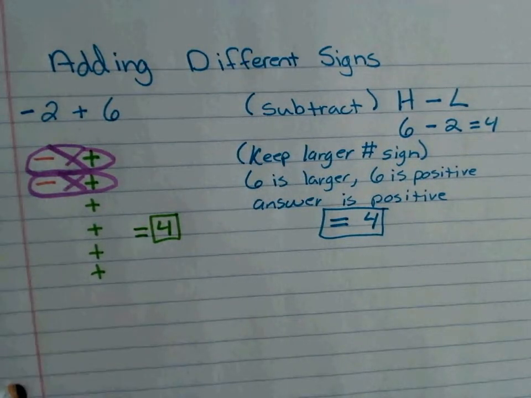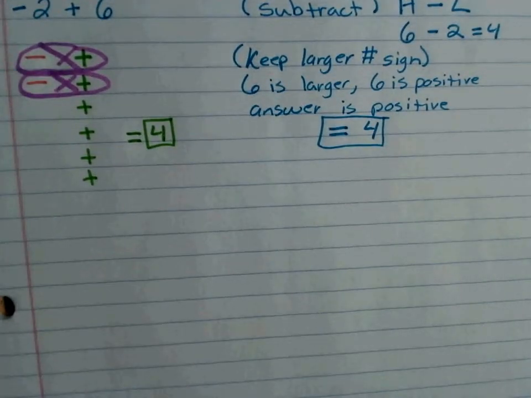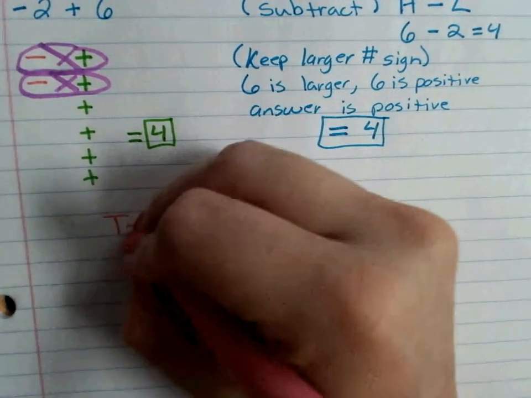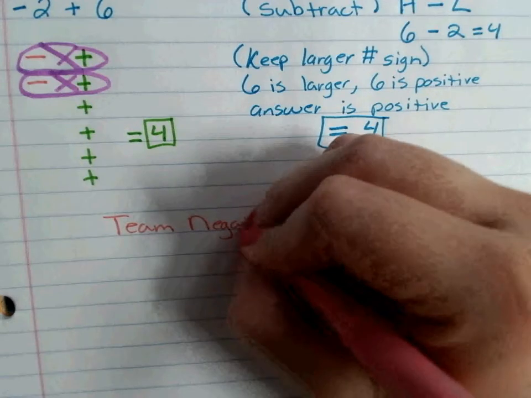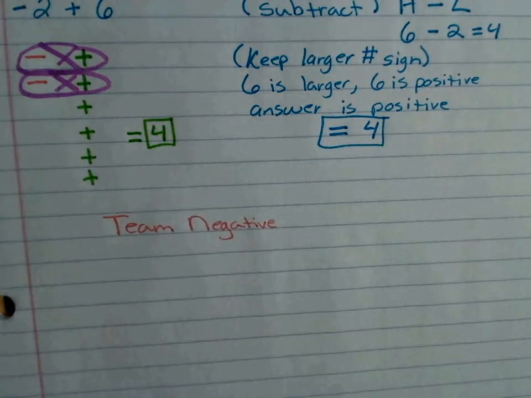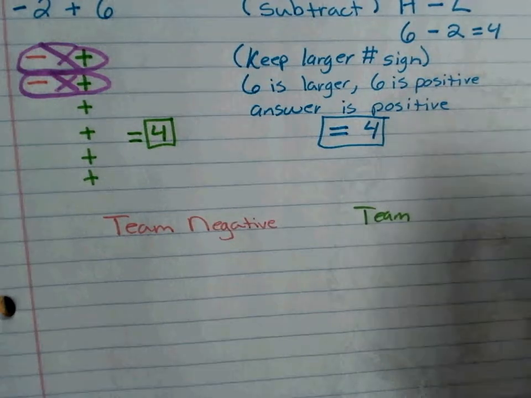Okay, another way that I like to tell people to think about it, you know, I'm a sports fan. I like to watch football. So I'm going to pretend like these are sports teams instead. So I'm going to call it team negative and team positive. So if I've got team negative and team positive, how many points does team negative have currently?